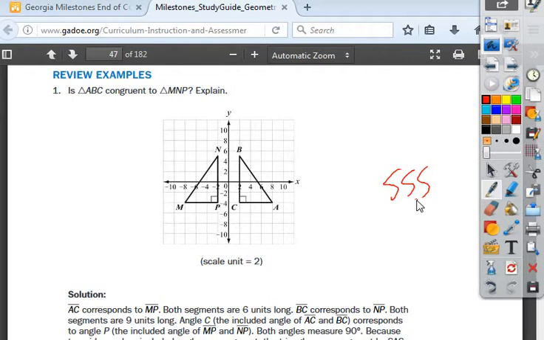This one has angles in there. If this is the same as this and that is the same as that, what rule is that? Side angle side. So just look and see what you're given.